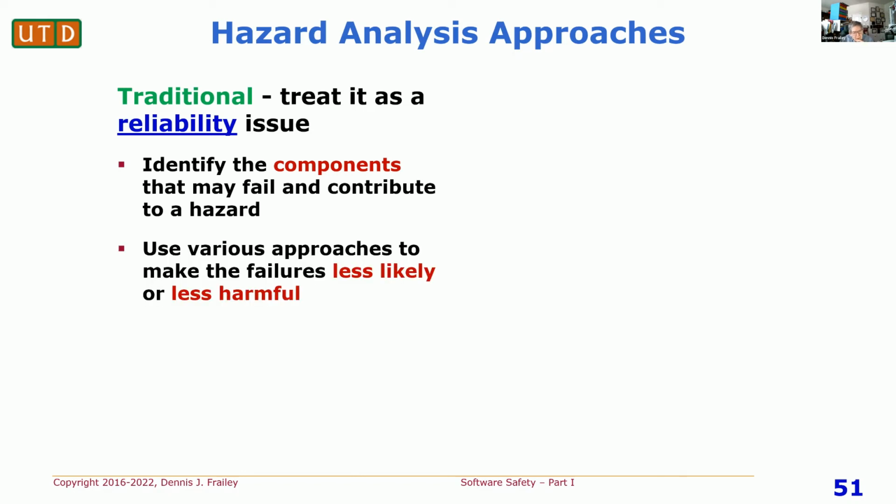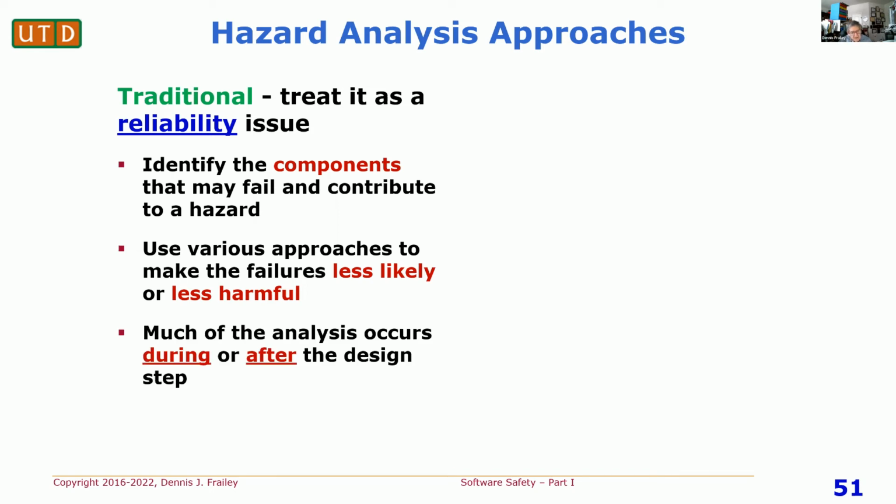Use various approaches to make those failures unlikely. Now, for example, in the case of hardware, they might build a particular part out of extra strong material. Or in the case of software, they might develop it using much more rigorous development techniques.